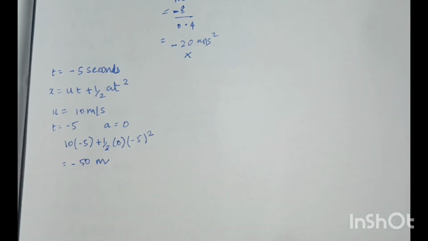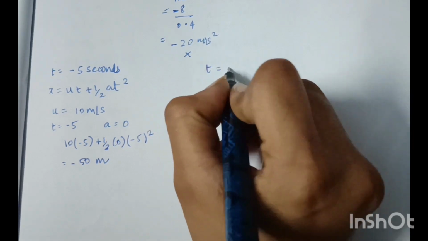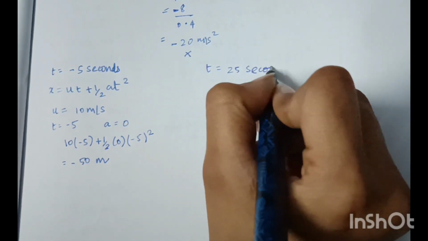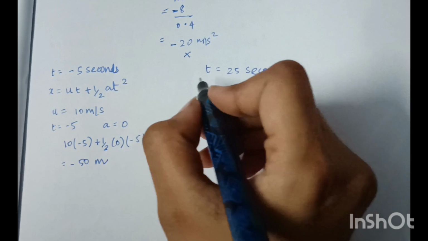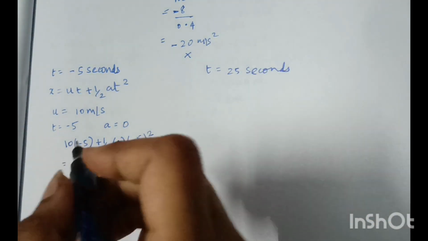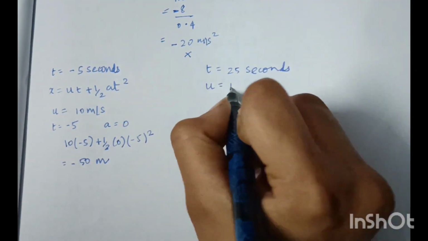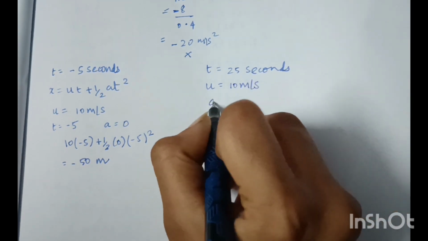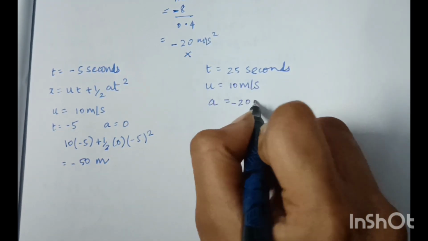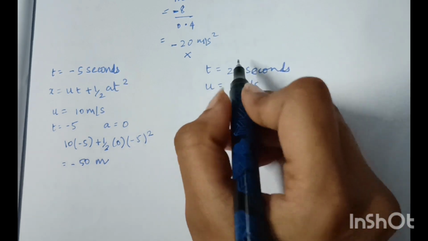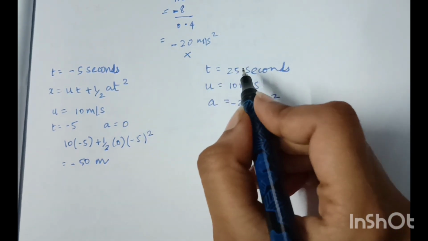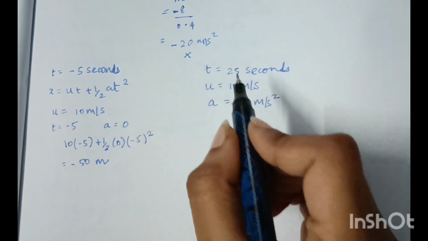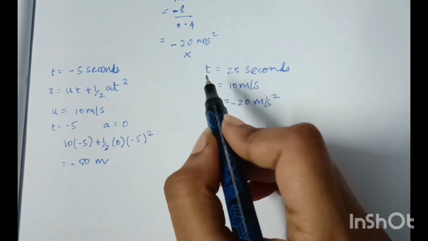Now let us move to the second question, t equals 25 seconds. Here we know u is equal to 10 meter per second. Acceleration is equal to minus 20 meter per second square. Why? Because during 25 seconds there will be acceleration, since acceleration acts from 0 to 30 seconds.